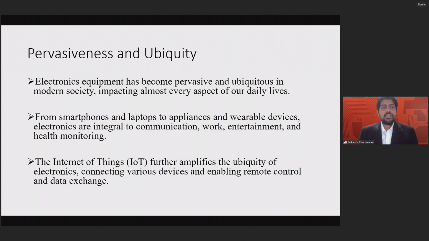Electronics, the pervasiveness and ubiquity of electronics equipment, has become inevitable in modern day life. From smartphones and laptops to appliances and wearable devices, electronics are becoming integral to everyday life for communication, work, and entertainment. The Internet of Things and 5G and AI further amplify that electronics are going to become more and more important.